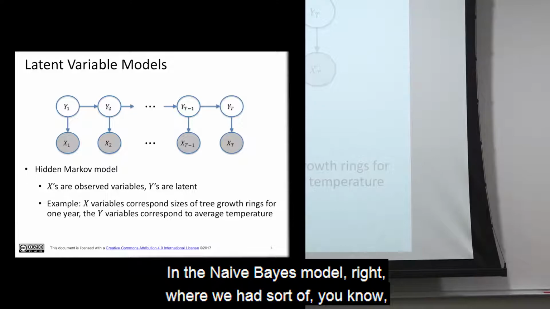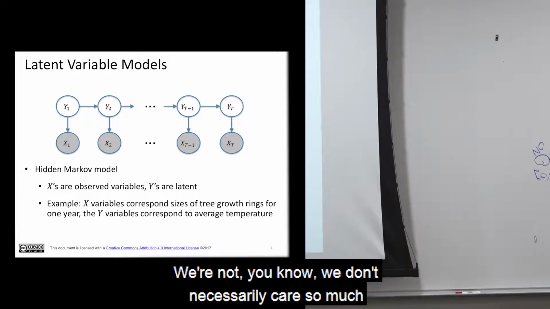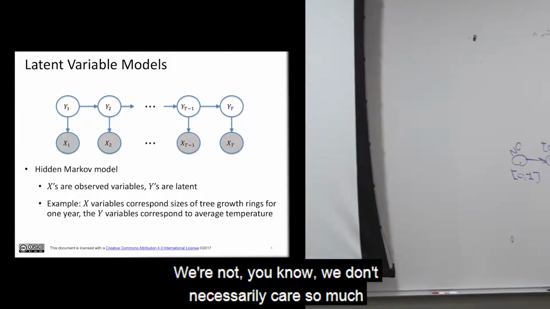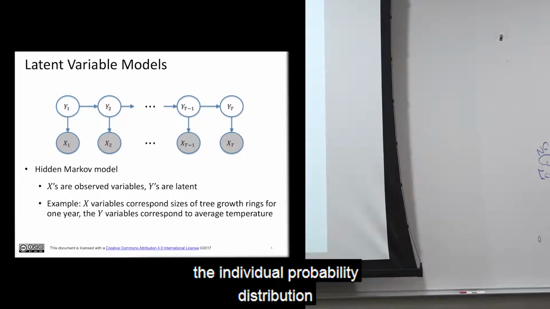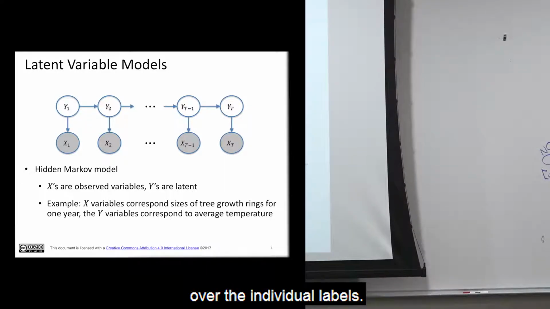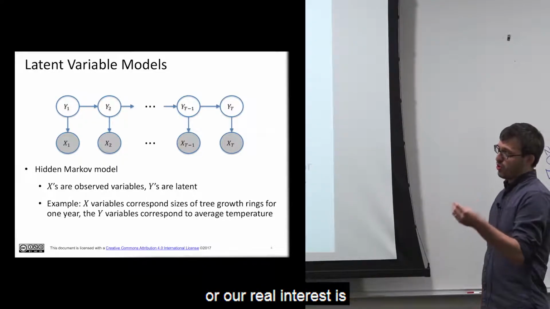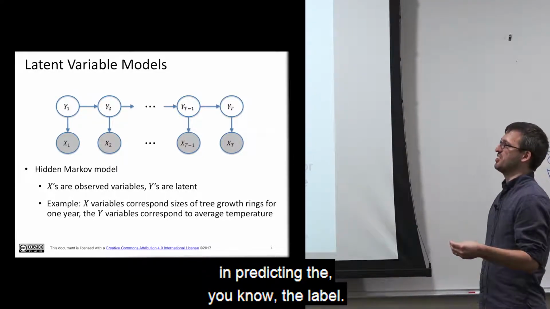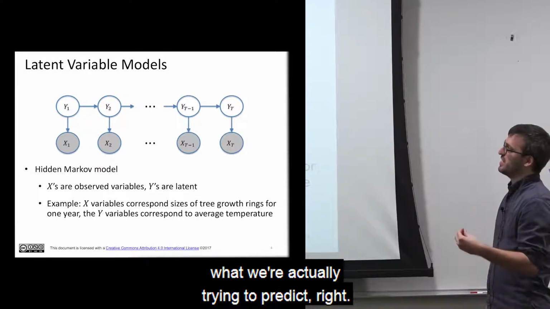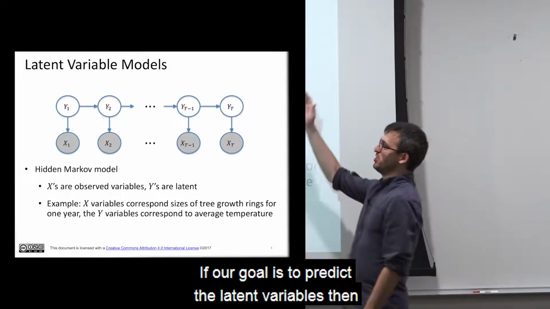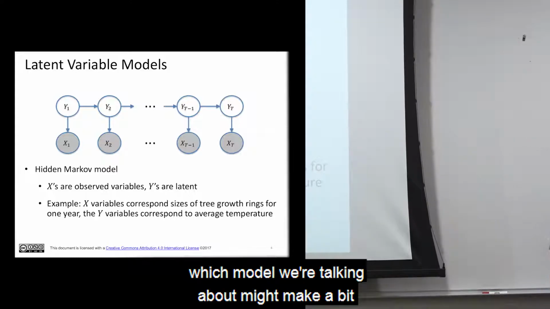In the naive Bayes model, where the label points to everything else, we don't necessarily care so much about the individual probability distribution over the labels. It's part of the model, but our real interest is in predicting the label. And the same thing here: it depends on what our real goal is, what we're actually trying to predict. If our goal is to predict the latent variables, then which model we're talking about might make a bit of a difference.